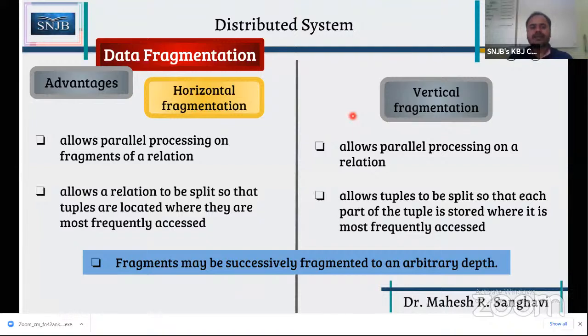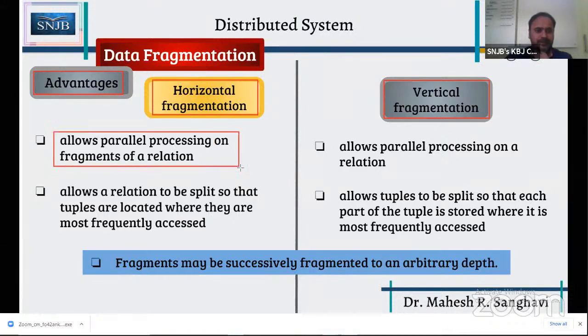Nowadays, people are using a third type, mixed fragmentation, which is a combination of both vertical and horizontal fragmentation. Certain data is divided horizontally and certain data vertically. Let's look at the advantages of both. Horizontal fragmentation allows parallel processing on fragments of a relation.